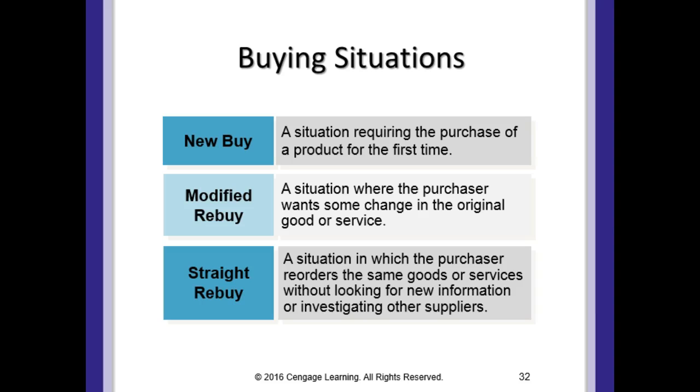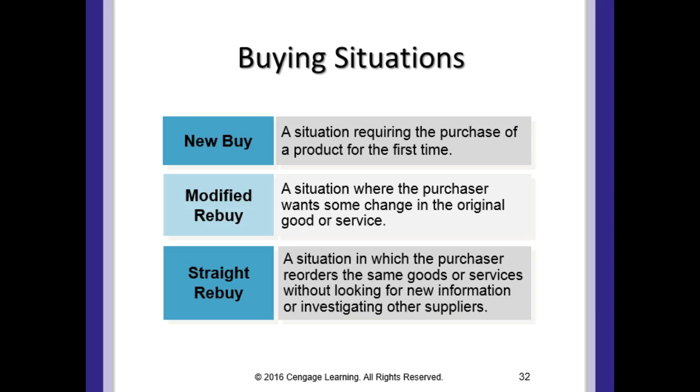Now, going to the top, the extreme opposite of that is what's called a new buy. And this is where you are buying something for the very first time. It requires a lot of research. It requires you looking into a number of companies that sell these items that you could possibly buy them from. It takes a lot of time.